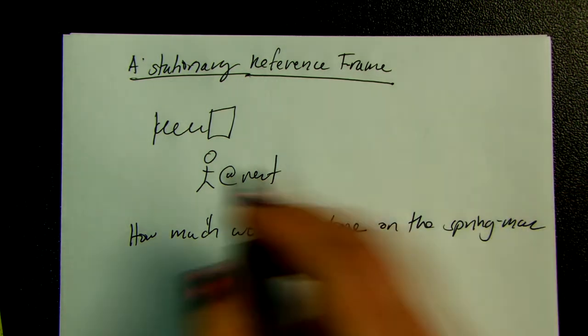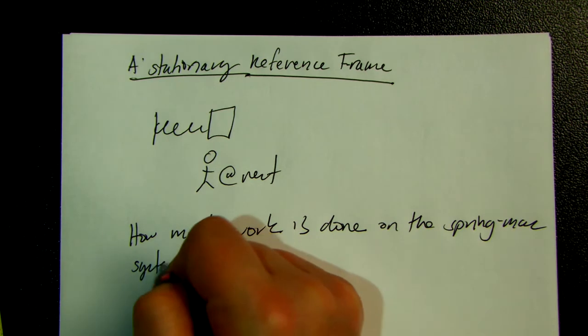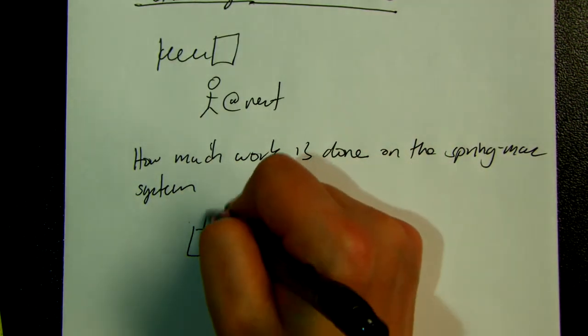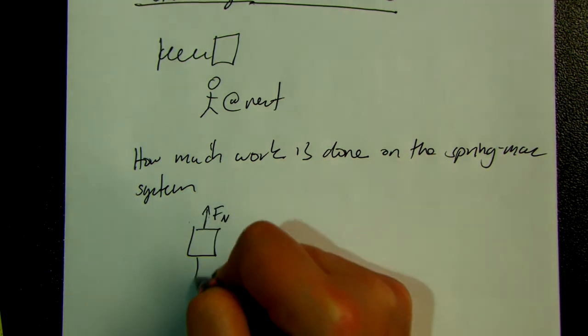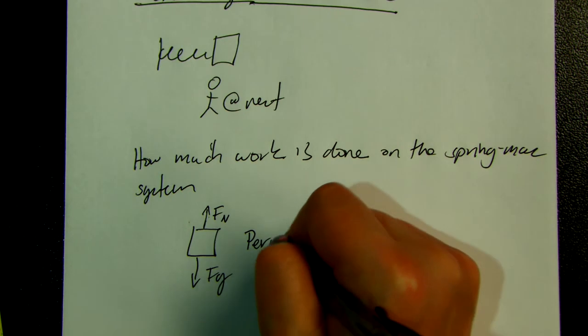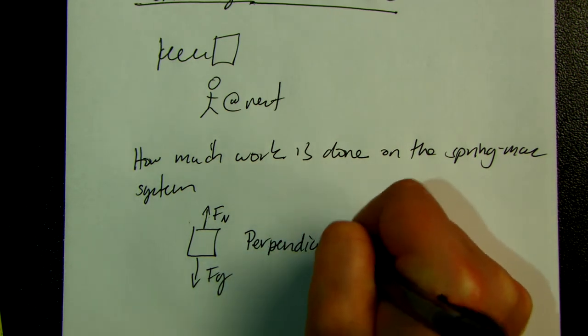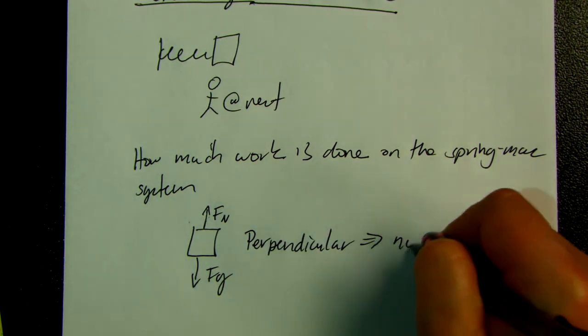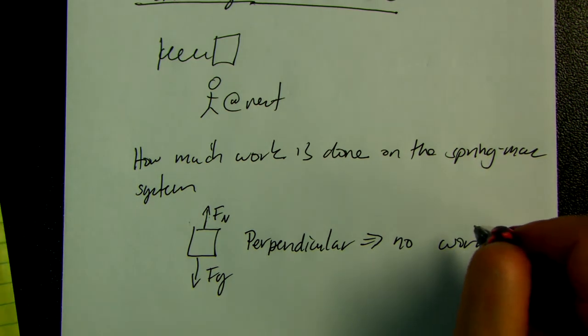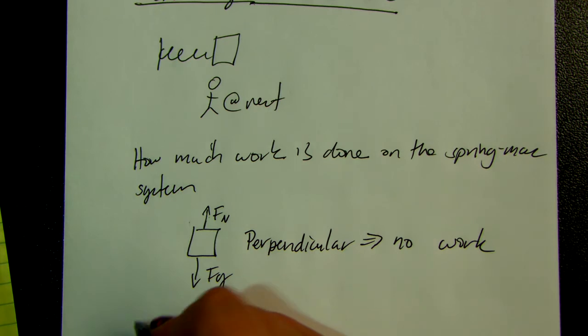Now we've previously derived this, but we'll just go through it again. Looking at the forces on it, we know there's a normal force and a force of gravity. These do no work. They're perpendicular, therefore no work. Now you could ask, well, the wall has a non-zero force on this system.